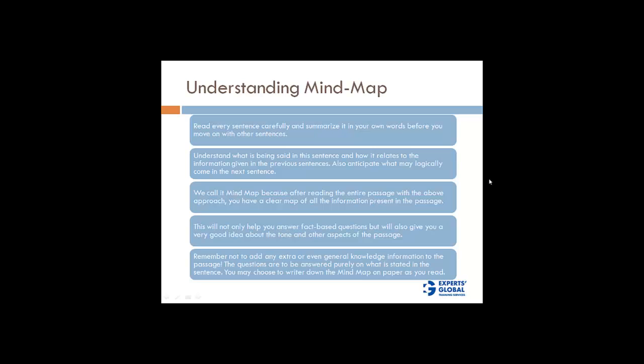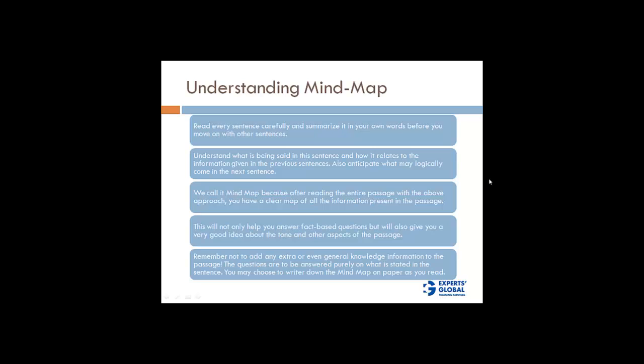Rereading the passage may even lead you to believe that you are understanding it, but you don't really understand the passage unless you have your own version of it. So it is very important for you to summarize it in your own words and simpler words, so that the entire logic, the argument that the author is trying to make, the information that he is giving, you're fitting it in your own mind in your own particular way. It's very important to put it in your own words.